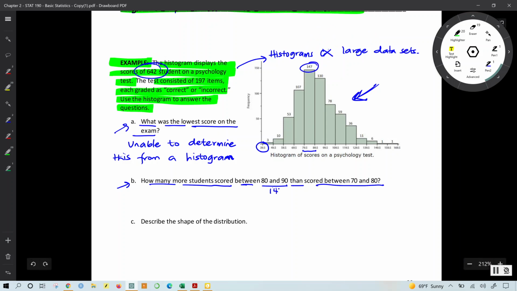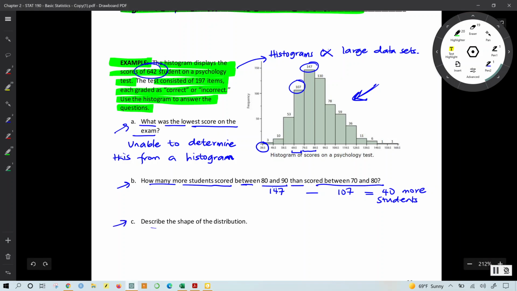So you had 147 of them, and for between 70 and 80, we have 70 and 80 somewhere here. That is about 107. The difference is 40. So there are 40 more students who scored between 80 and 90 than scored between 70 and 80.